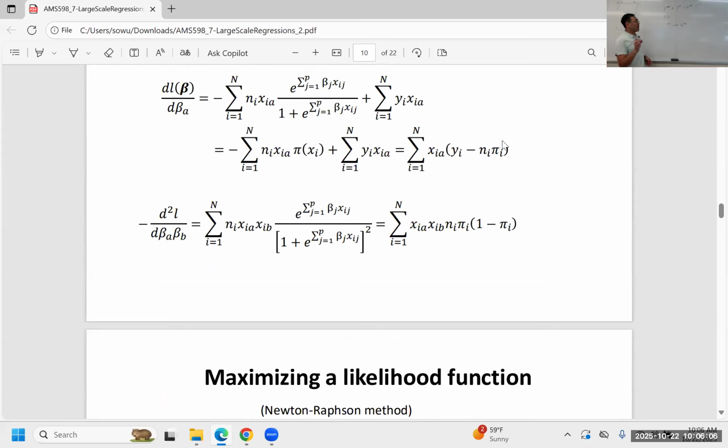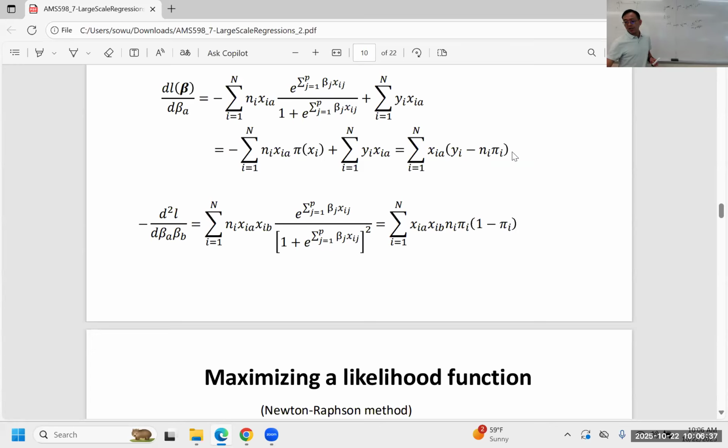And pi_i^t is equal to e to the power of x_i transpose beta_t over 1 plus e to the x_i transpose beta_t. If you know beta_t, using this logit function or the inverse logit function, you can get this pi_i^t.